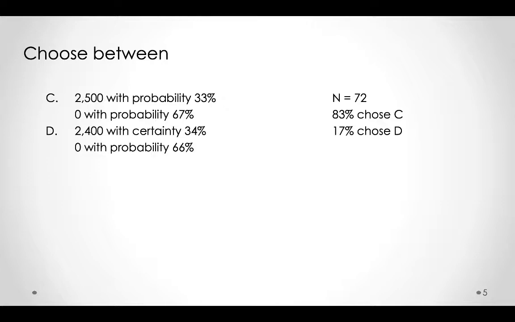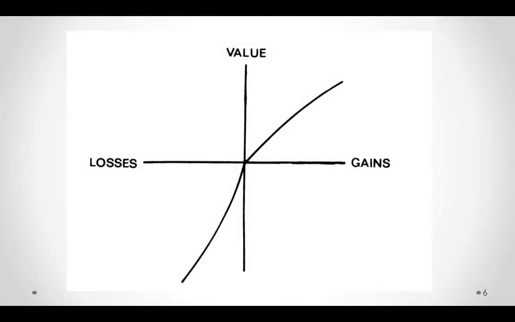theory? So I'm going to introduce now a graph called the value curve, which was part of the prospect theory. So if you look at this graph now, you will notice that there's a few pieces of it, right? This curve is called the value curve, and it takes an objective value on the horizontal axis. So imagine that on the horizontal axis you have an objective value, something concrete, and that's easy to measure, like money or horsepower or megapixel.